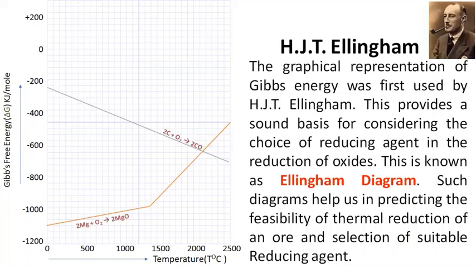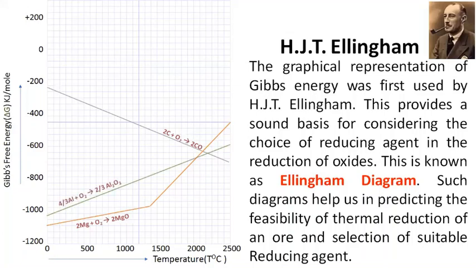When magnesium combines with oxygen to produce magnesium oxide, its delta G value is around minus 1100. Since its delta G value is minus 1100, this reaction is a spontaneous process and magnesium oxide is going to be stable. There is a sharp curve in the graph, which we will explain in our next topics.